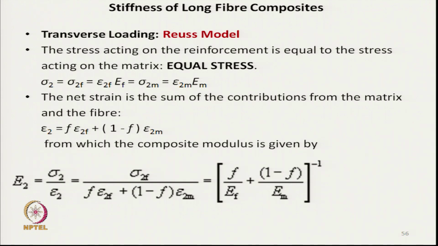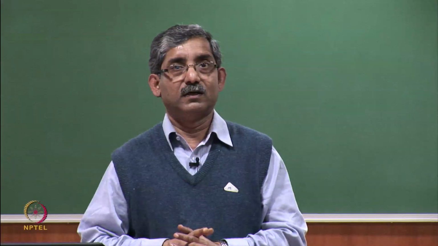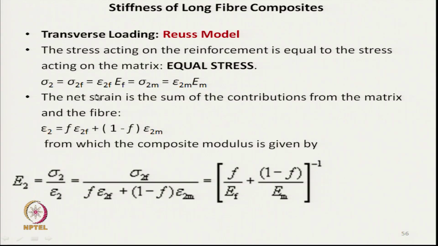Another model, which basically predicts transverse loading, is the Reuss model. Here the stress acting on the reinforcement is equal to the stress acting on the matrix, that is, equal stress.